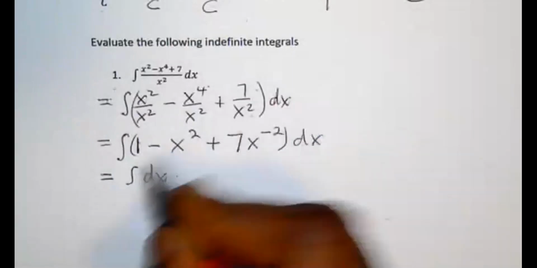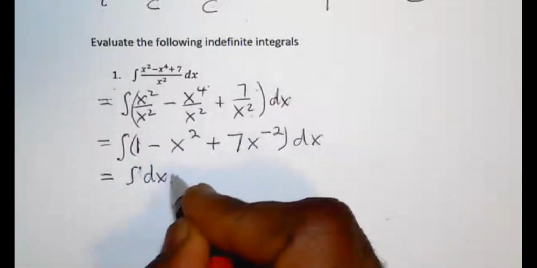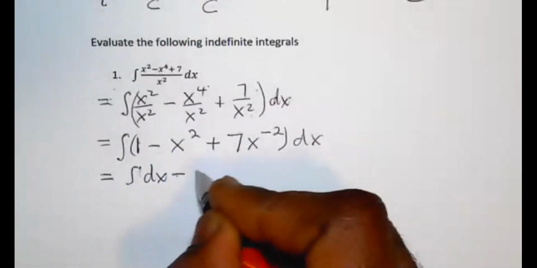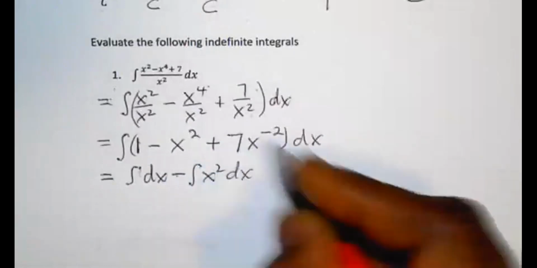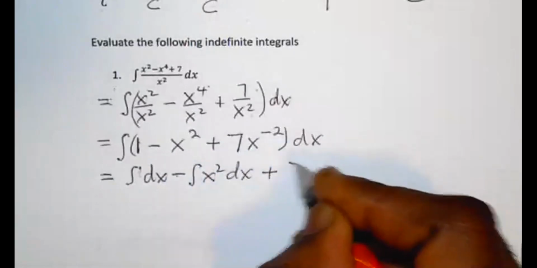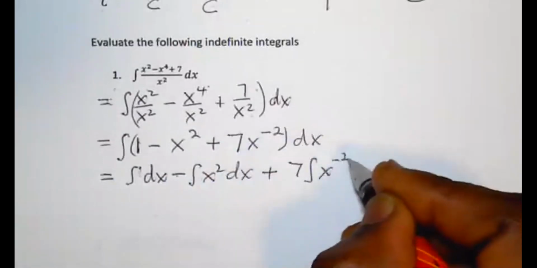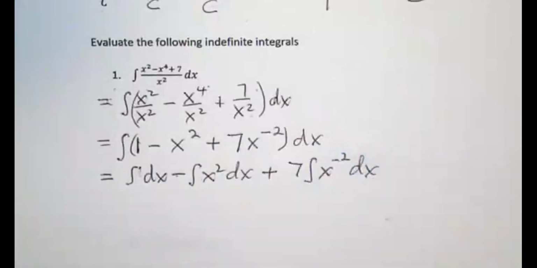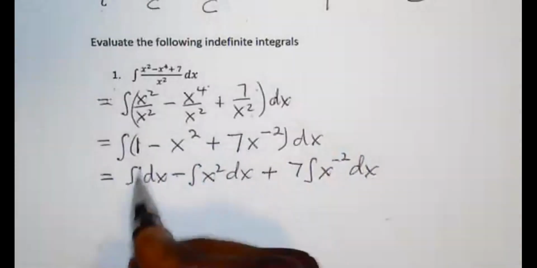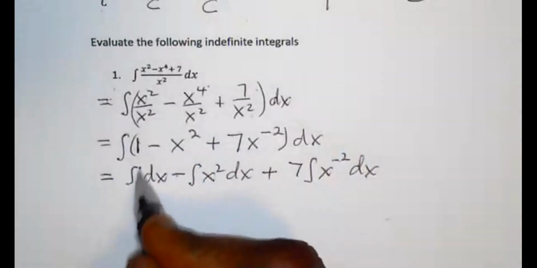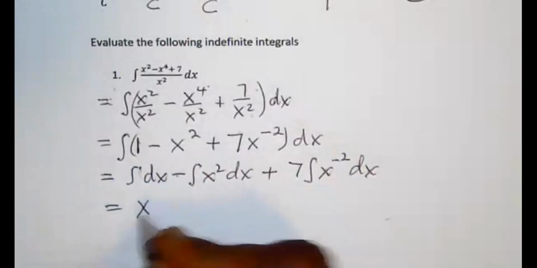If you think you're going to get confused, you can just put the 1 here, minus the integral of x squared dx, plus 7 times the integral of x to the power negative 2 dx. The integral of dx, which is 1 dx, where 1 is a constant, the variable comes back, so it becomes just x.